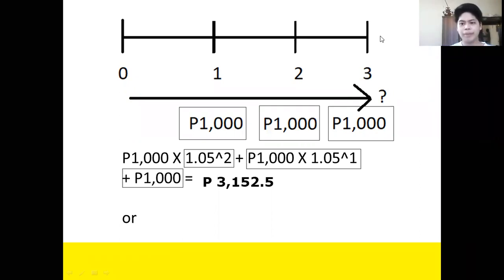Okay. Masyado ba siyang complicated or masyado ba siyang mahaba? Oh, di ba? Medyo mahaba siya. Pero meron siyang shortcut. If you have a scientific calculator, you can try this formula.